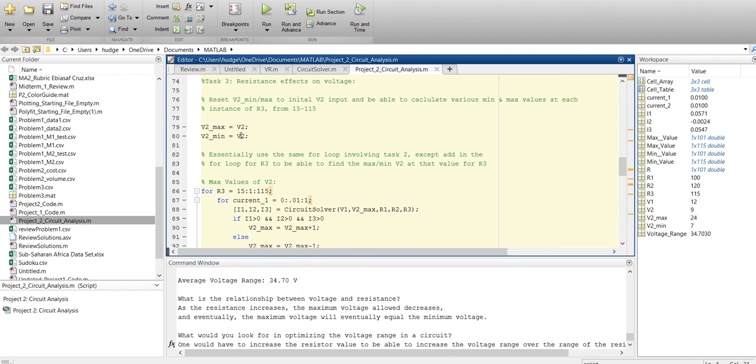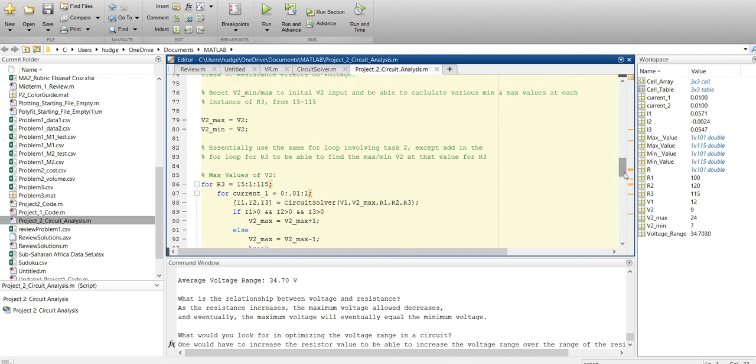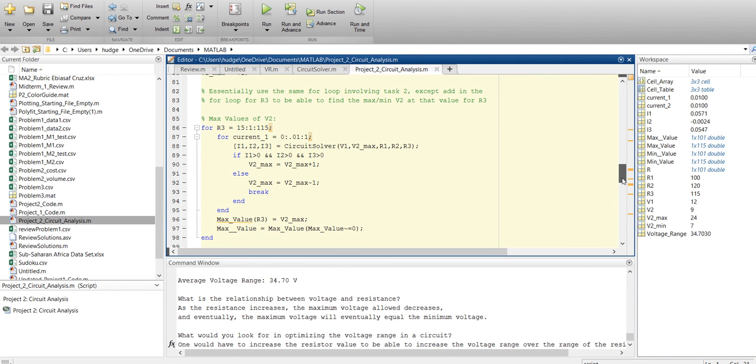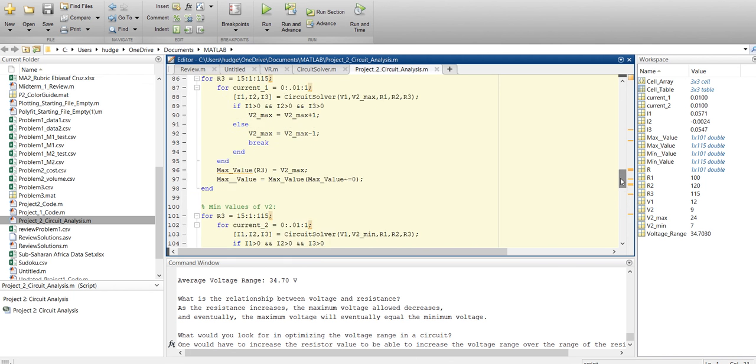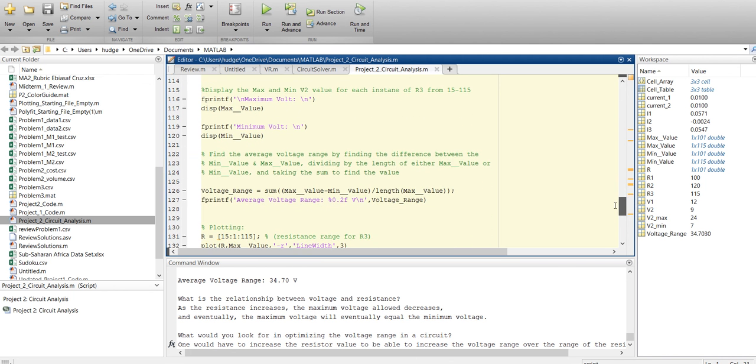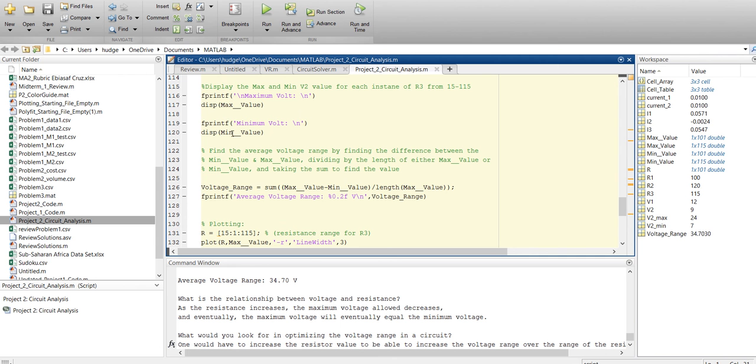So here we restore the values to the initial V2, and essentially we use the same for loop involving task 2, except we add in the for loop for third resistance value to be able to find the maximum and minimum value of the voltage for that resistance value. This is the for loop for the max and for the min, and once we get that, we display it using the fprintf command and the display command.